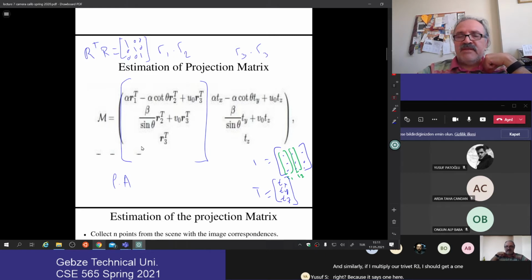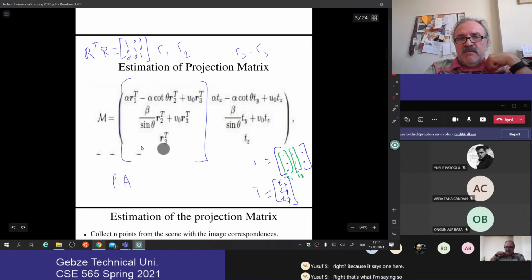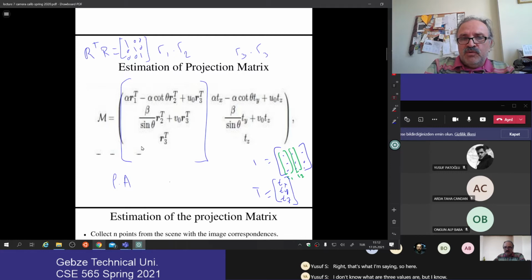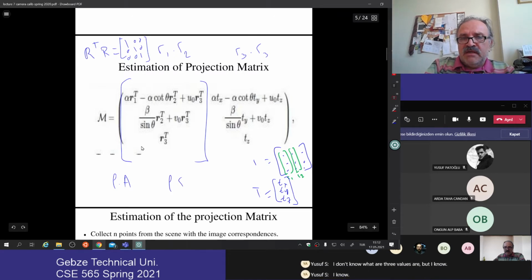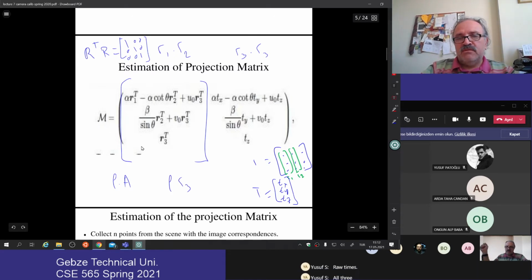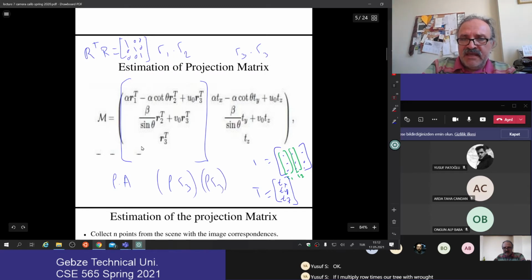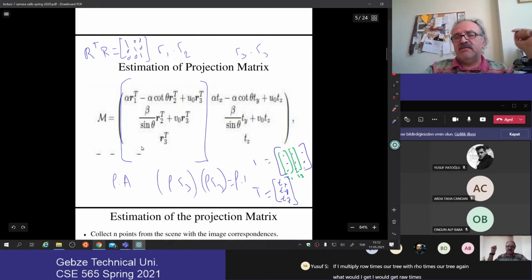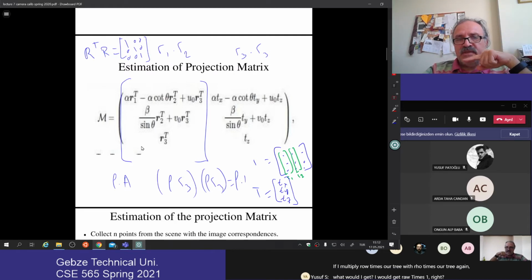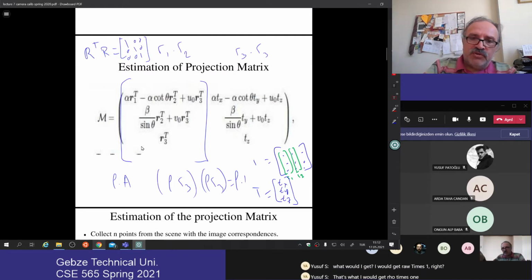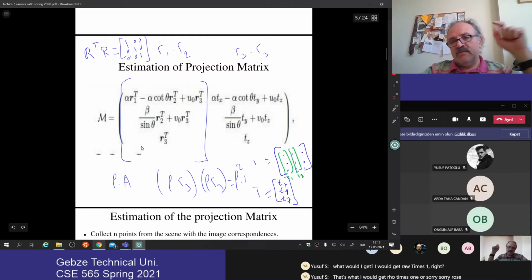Here, I don't know what R3 values are, but I know rho times R3 values. If I multiply rho times R3 with rho times R3 again, what would I get? I would get rho squared times 1.